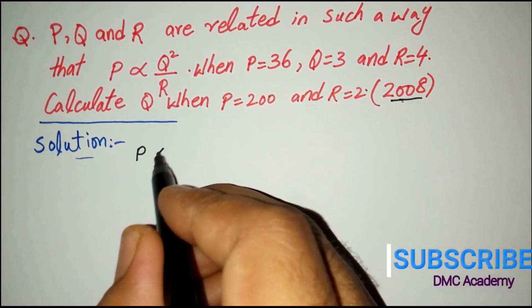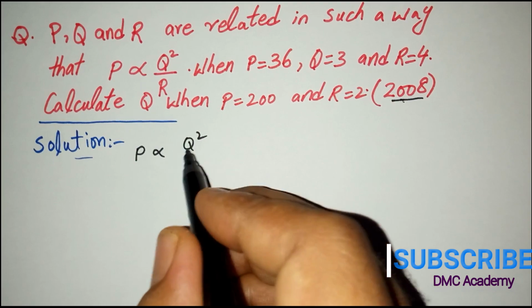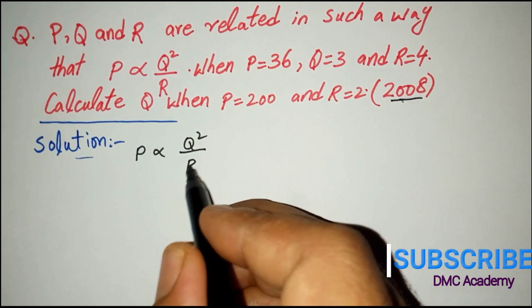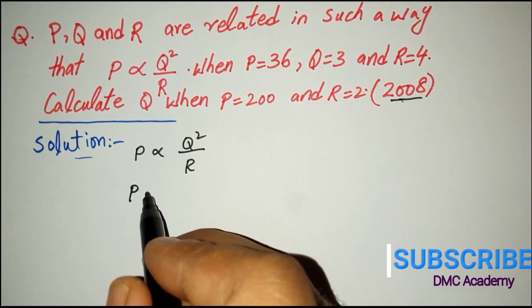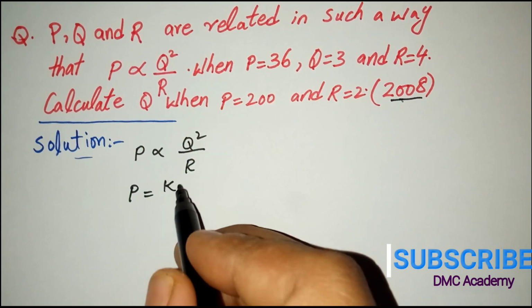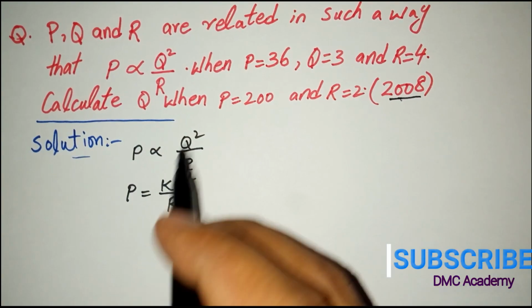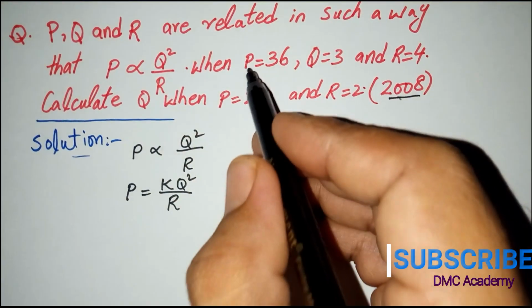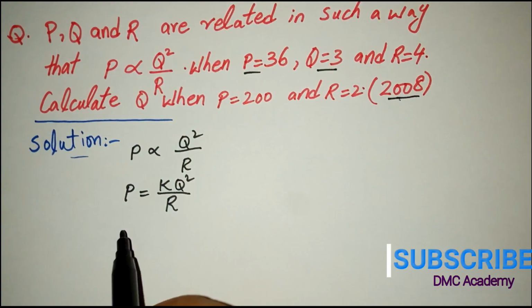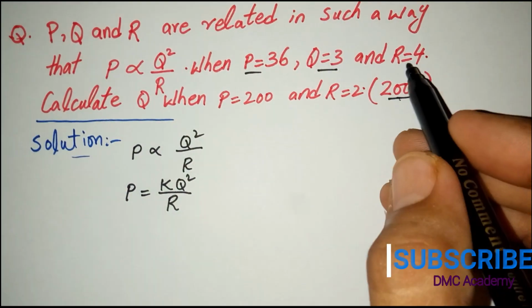So P is proportional to Q square and inversely to R. So P equals k Q square over R. They gave us P 36 and Q 3. Let us put those values.